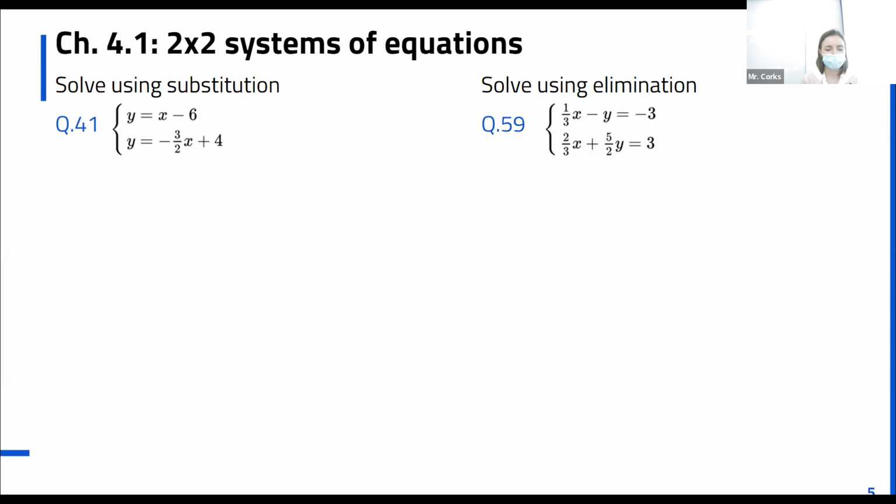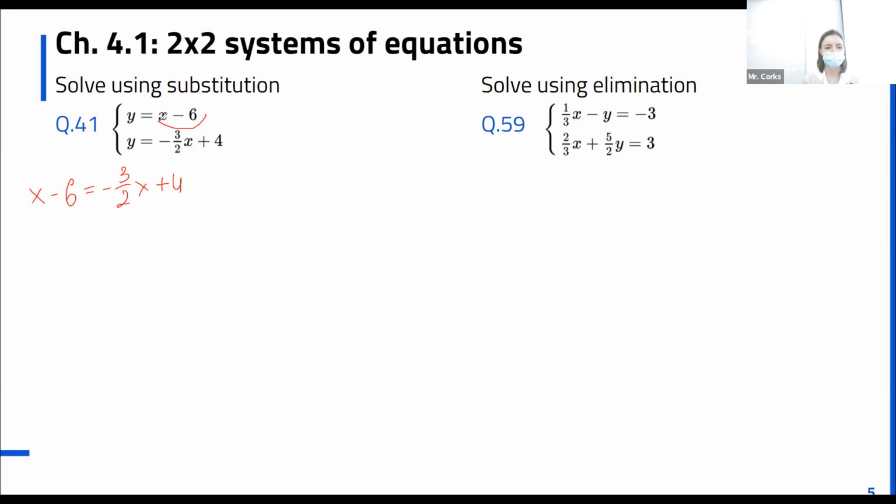Okay, seems that mostly we get the idea. So let's look at the first one. Here we have the most convenient situation, when we have isolated y for both parts. So let's just substitute. x minus 6 equals minus 3 over 2 x plus 4.